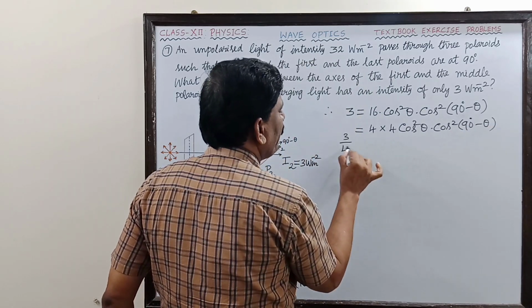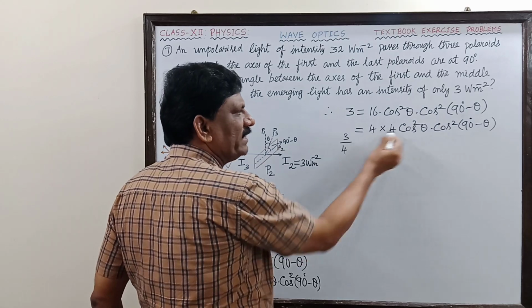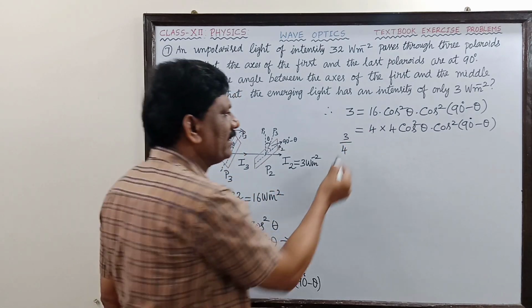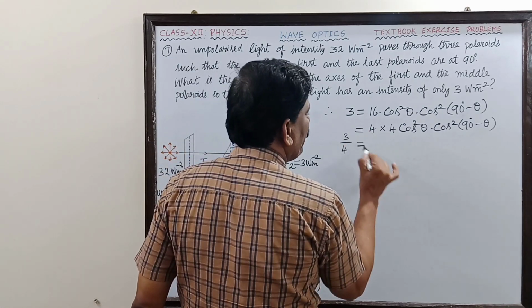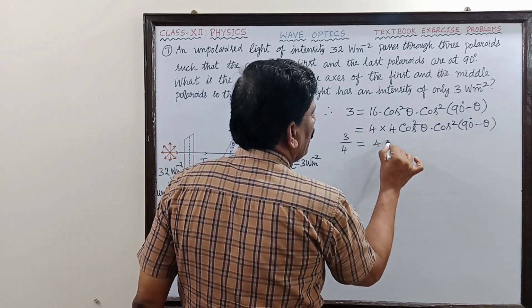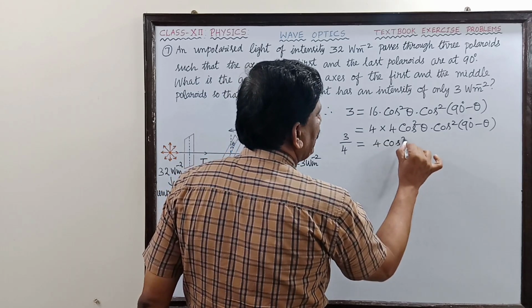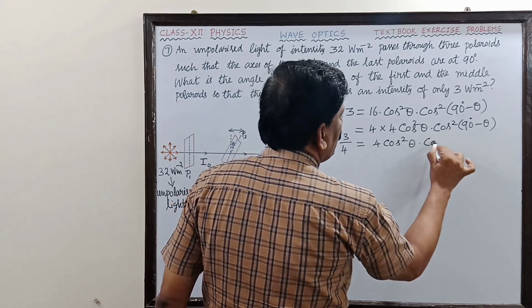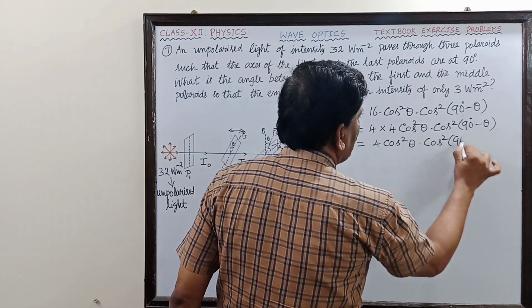Now one 4 is taken to the left hand side, so 3 by 4 is now equal to 4 cos square theta into cos square of 90 minus theta.